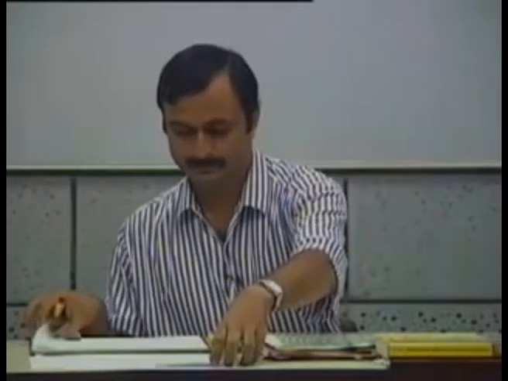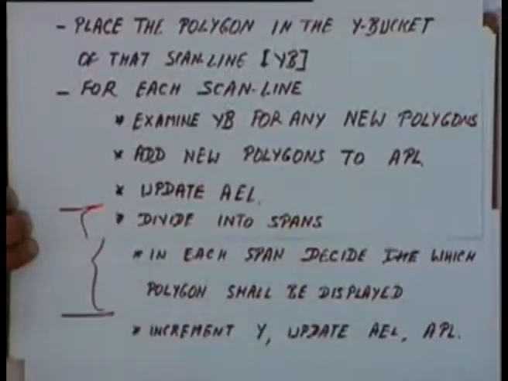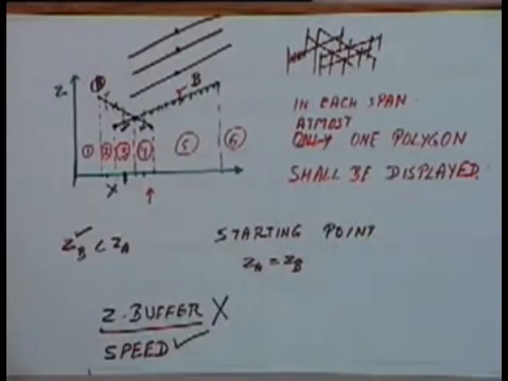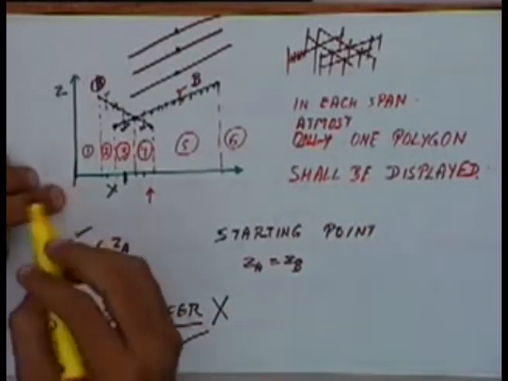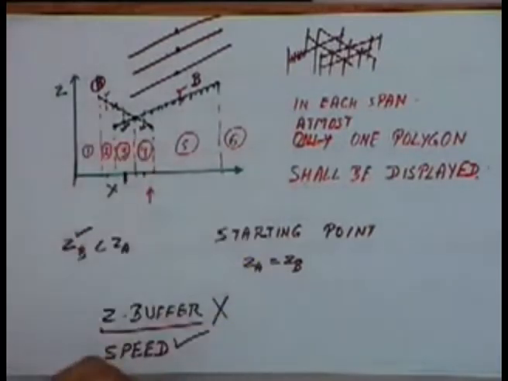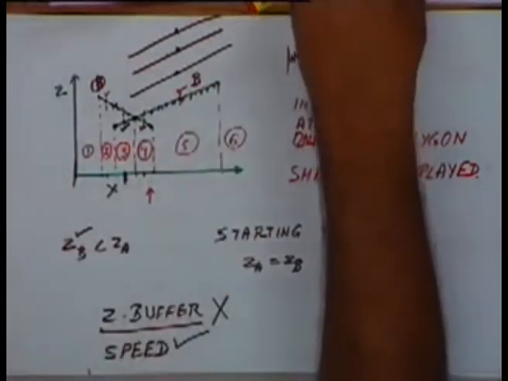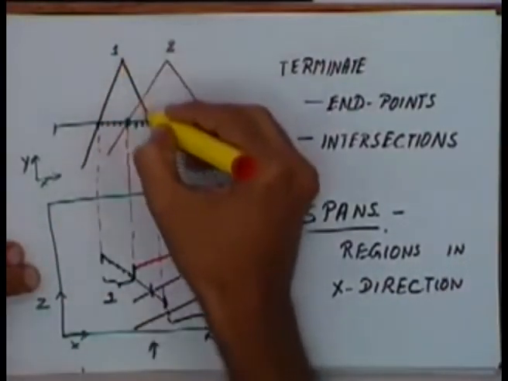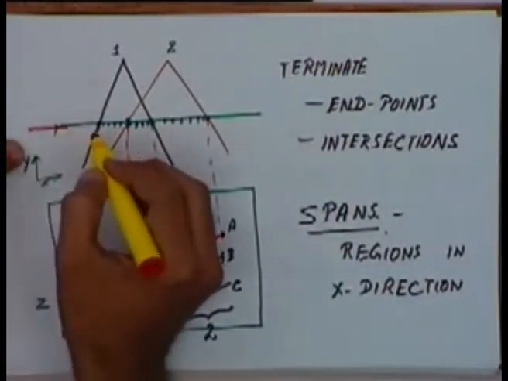What is the active edge list? See, this is my xz plane. My active edge list will tell me that for every polygon, if I'm looking at it from the front, that is in the xy plane, if you remember this figure, this edge is active, this edge is active on this scan line.